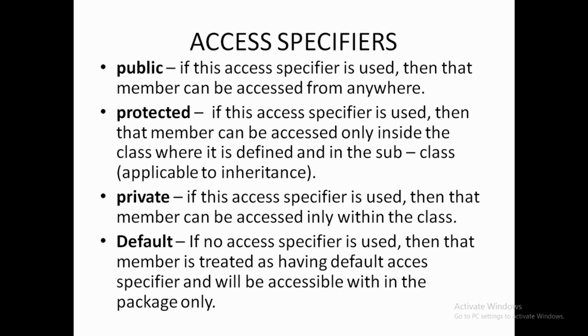If you don't use any access specifier, then it becomes the default access specifier. As we have seen in our video lectures, I have not used any access specifier with member variables or methods.